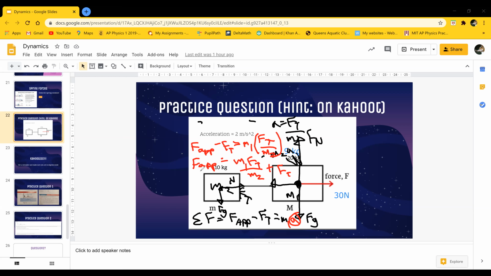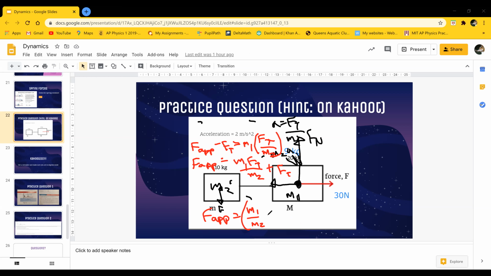So now, let's erase this. You would have F applied equals m1 over m2. Sorry, actually, you would have to add something else.